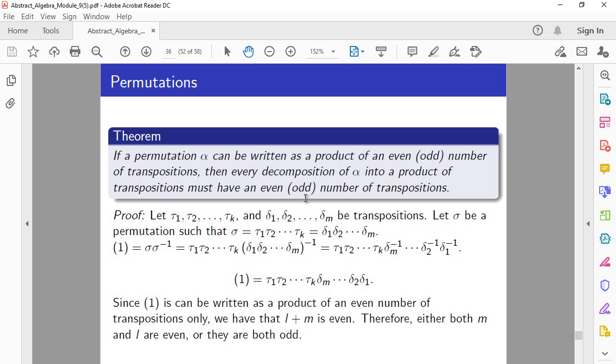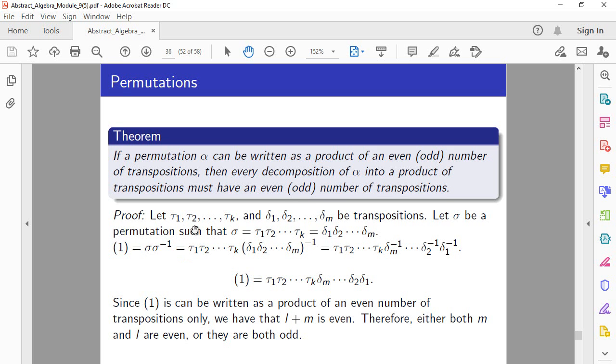But one thing never changes, which is the parity of the number of transpositions. So if I express alpha as a product of transpositions, then the number of transpositions will always be even, or it will always be odd. So let's try to prove this.